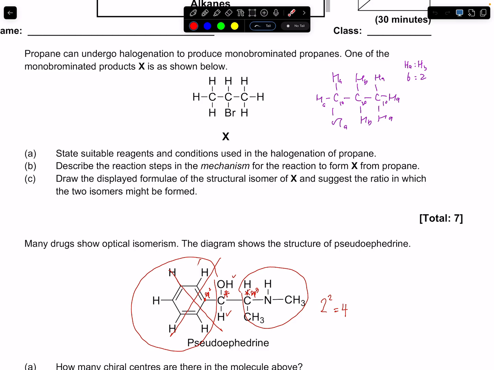No, you don't need all. You just need to describe how to form X from propane, so the non-relevant ones aren't needed. You don't even need the third one. So it's just initiation and propagation.